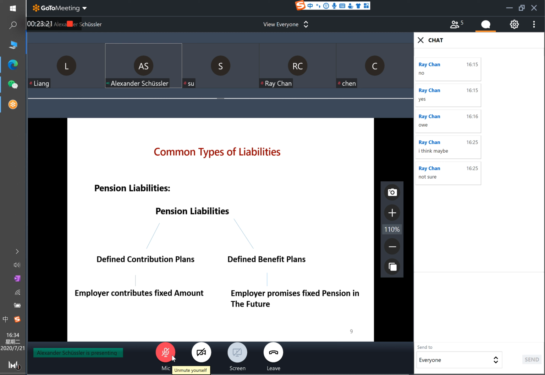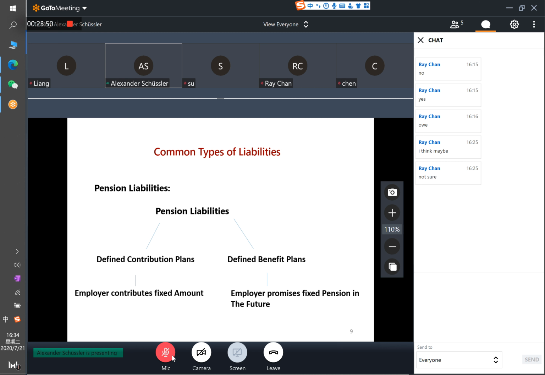The next topic is pension liabilities. With pension liabilities, there is a distinction between defined contribution plans and defined benefit plans. Defined contribution plans essentially mean that the firm's obligation ends once the payment is made.